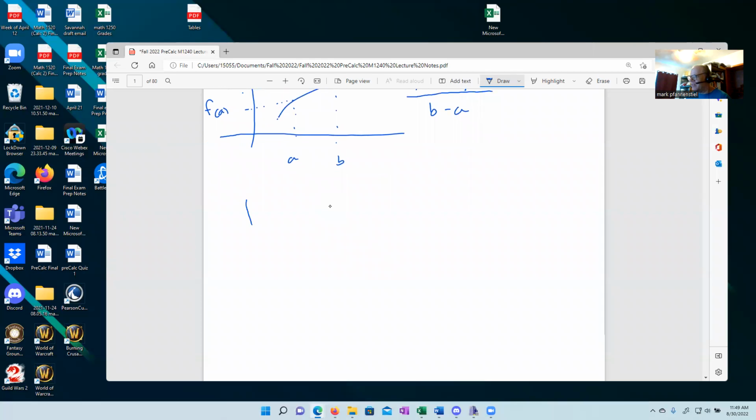To make it a little bit fancier, we're still going to draw the same kind of generic curve here, and we're going to have our x. If you want to go old school, we're going to say x plus delta x. So this value here is x plus delta x.